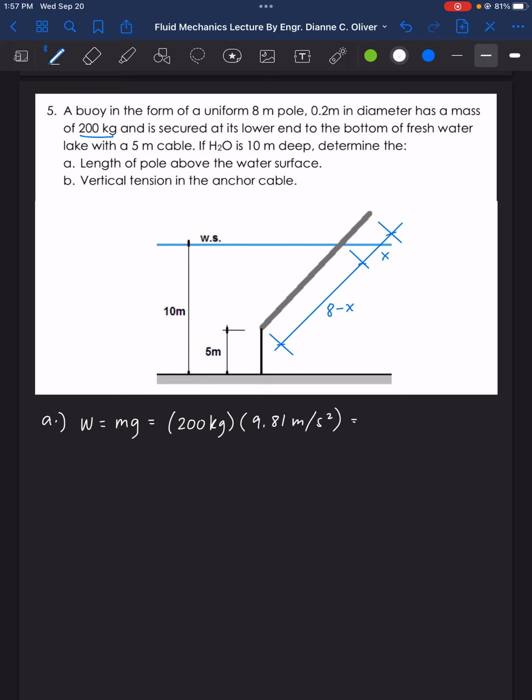That is equal to 1962 kilogram meter per second squared, so that is 1962 Newtons, or 1.962 kilonewtons. Okay.